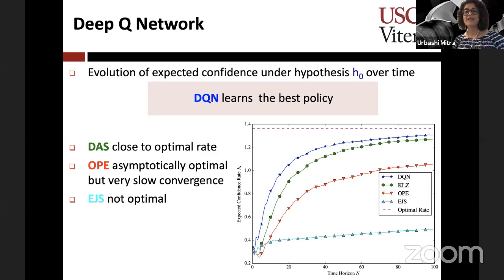So this is earlier work than the active testing work that I just showed you, where we were able to design a deep Q network, which came very close to finding the best policy. We found that a heuristic strategy that was data-driven and much easier to implement and didn't need any training actually worked very close in terms of performance with the strategy that's learned by the neural network.